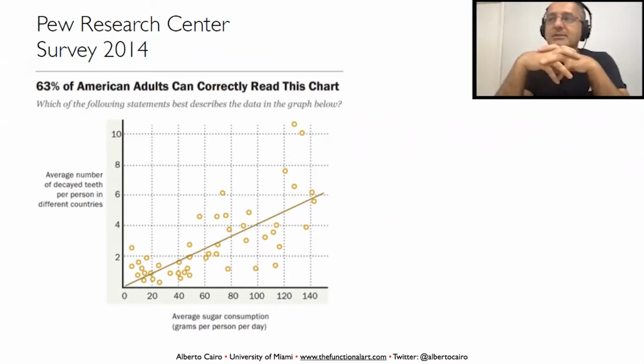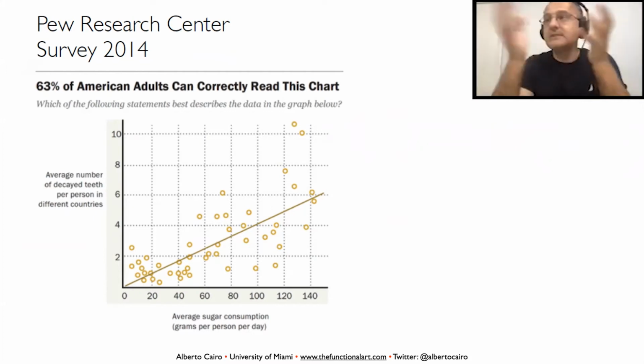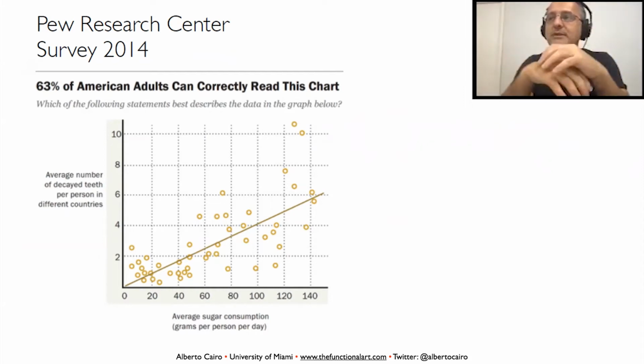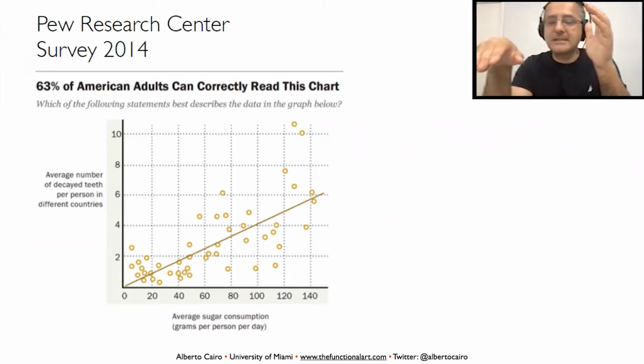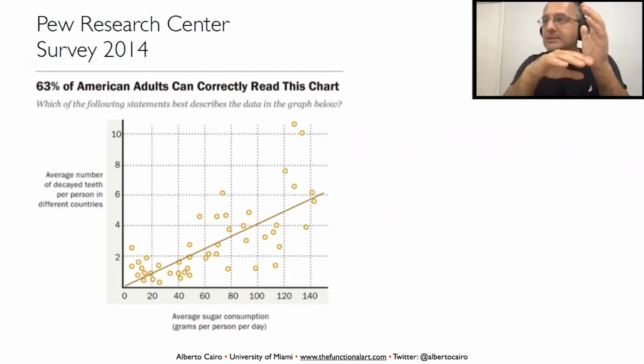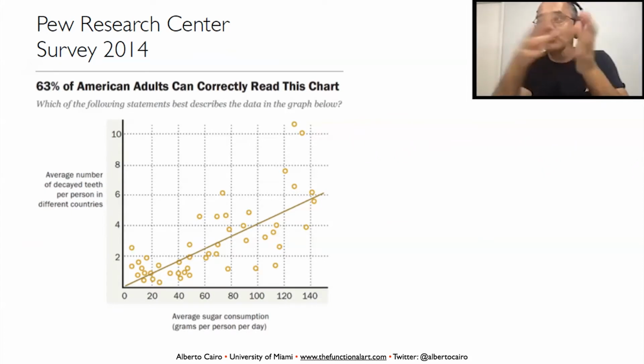This data visualization that you have on the screen over here is called a scatter plot, as you may know. In this case, x-axis and y-axis. Each one of those dots represents a country. The position on the horizontal axis represents the average sugar consumption per person and day in each one of those countries. So the further to the right a dot is, the more sugar people in those countries tend to consume on average.